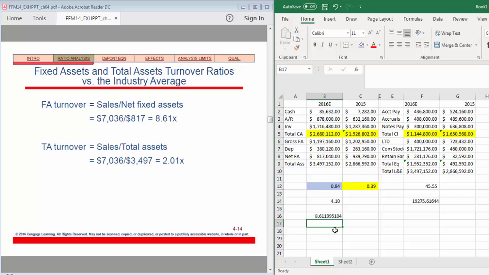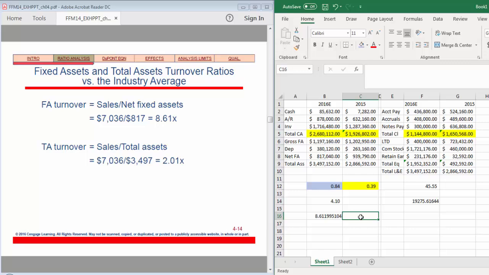So your sales are 8.61 times the net fixed assets that you have invested in. Obviously, in this case, again, the higher the number, the better, because you'd like to make as much in sales as possible utilizing your assets.